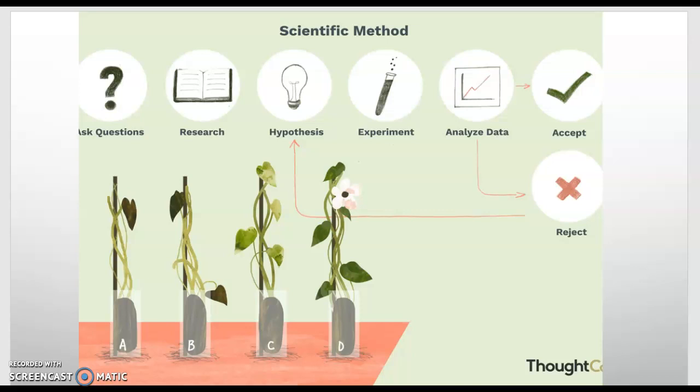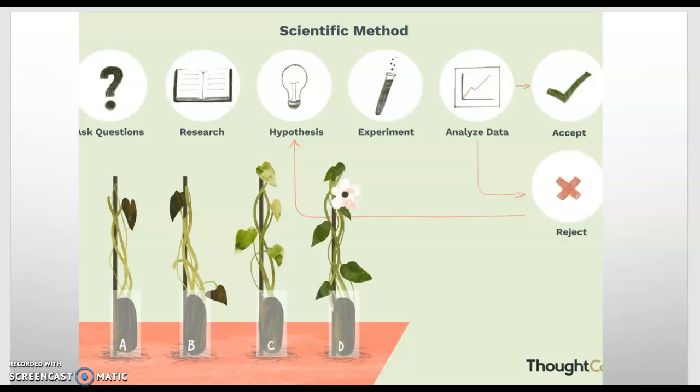So it could be weight, it could be age, it could be length, right? It can be lots of different things that involve numbers and counting. So that is quantitative.